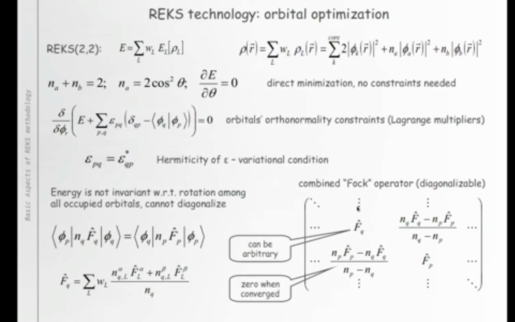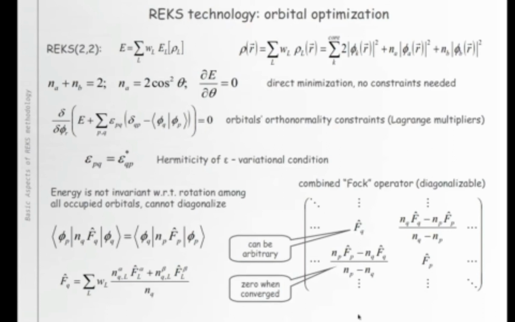The other is that the off-diagonal Lagrange multipliers, elements of the Fock matrix, do not vanish strictly. Is the Fock matrix twice as big as a normal Fock matrix? No, the dimension remains the same, only that I need to combine Fock operators of several electronic configurations when building it.